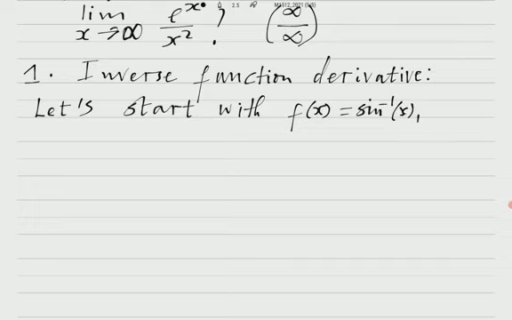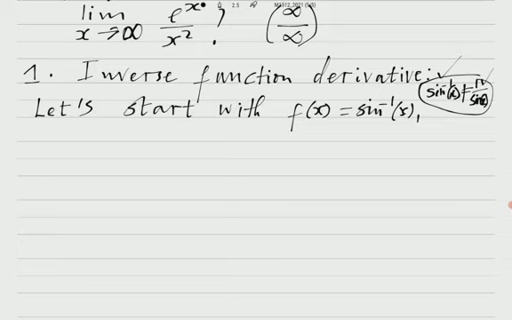One thing to note here is that sine inverse of x is different from 1 over sine of x. So be careful about this portion: this one is the reciprocal, this one is an inverse function. So the two are in general different, and you can't equate the two.